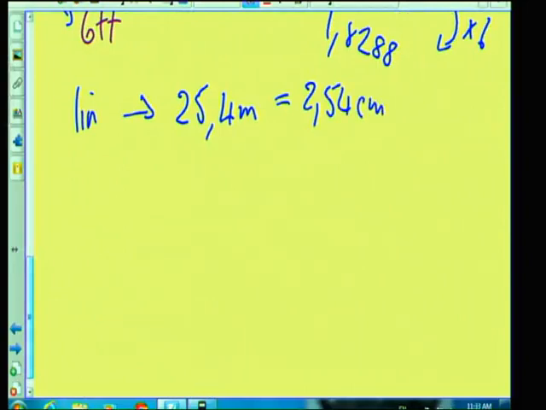Now, if I divide by 100, then I'm going to get 0.0254 meters.